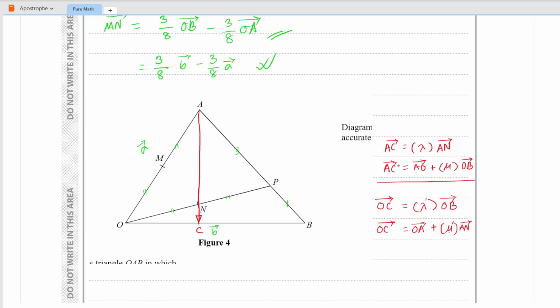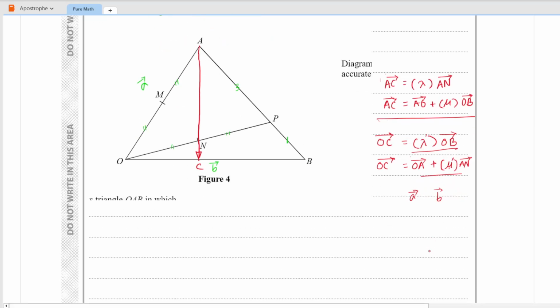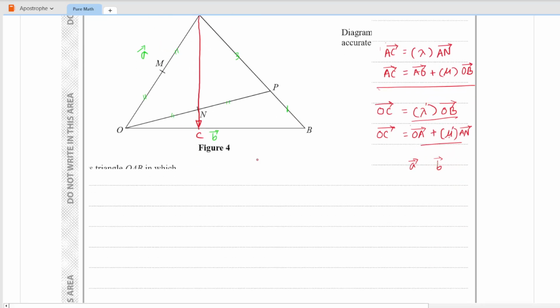So basically if you look here, we have the same vector, but expressed in a different way with the help of different vectors. So once you do that, you can say this equals to this. When you do that, at the end of the day, you will have both the terms with the help of the unit vectors a and b. So we know when you have two variables, you need two equations that we have seen in simultaneous equations.